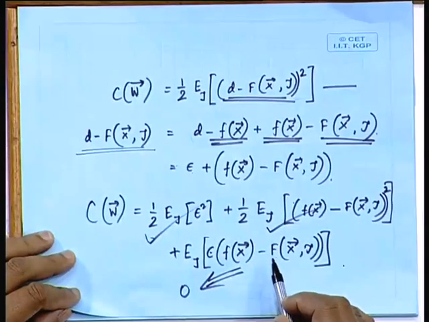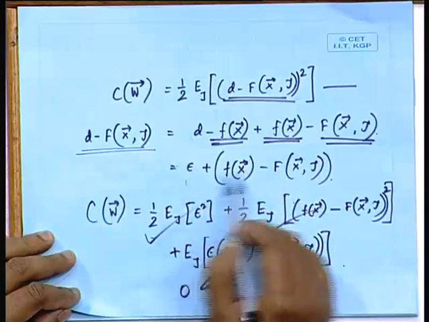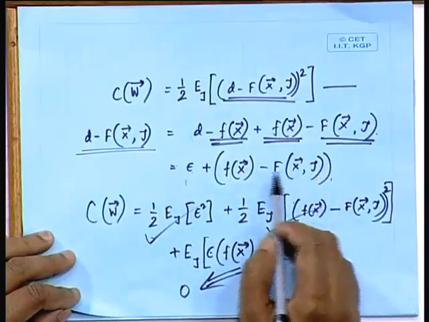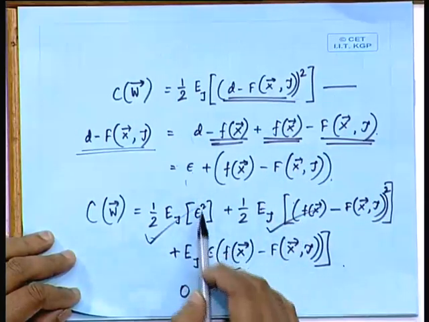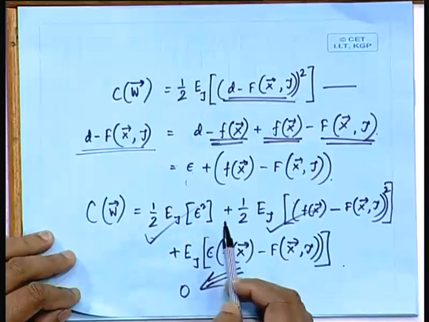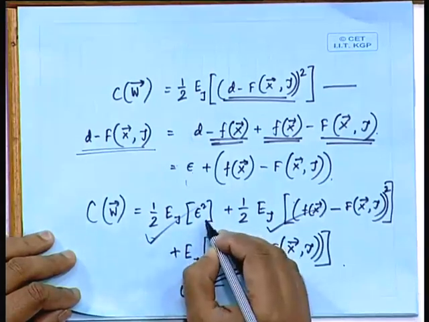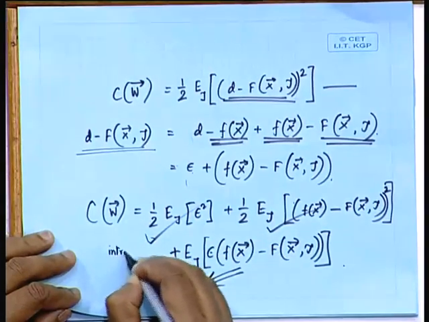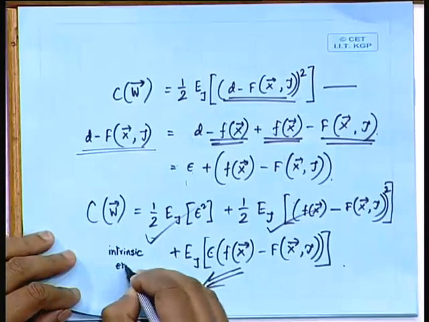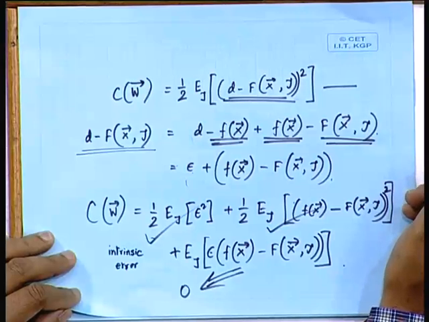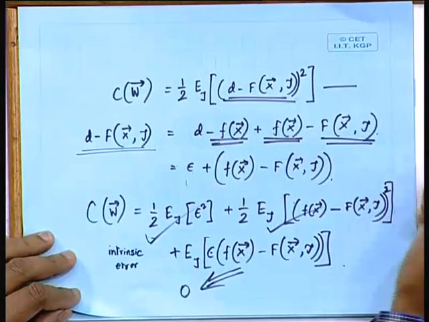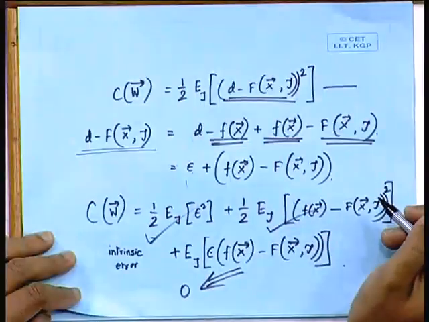Naturally, this being a sum of two quantities, if you square it up, you get an epsilon squared term, which is representing the intrinsic error, that is nothing but the error that we are having between f of x and its mean expectational error, that is what we were representing by this epsilon.